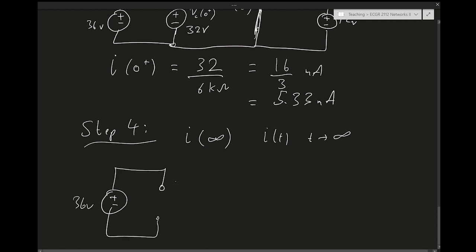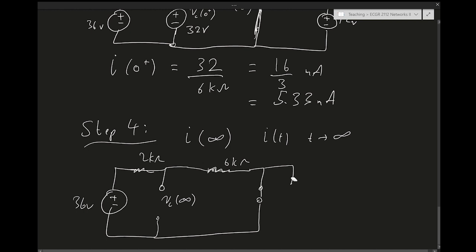That's what the capacitor is. This is VC at infinity. A 6 kilo ohm resistor, another resistor here, 2 kilo ohm. This is still shorted out. This is 4 kilo ohms, and this is 12 volts.